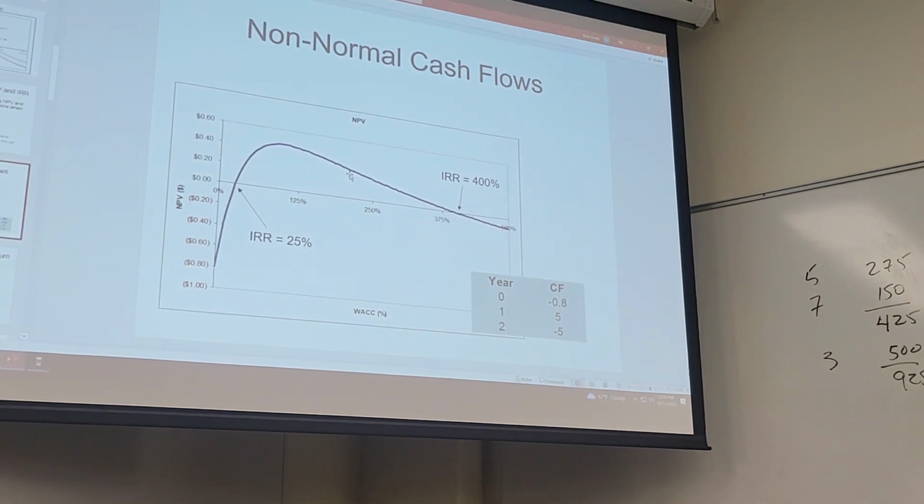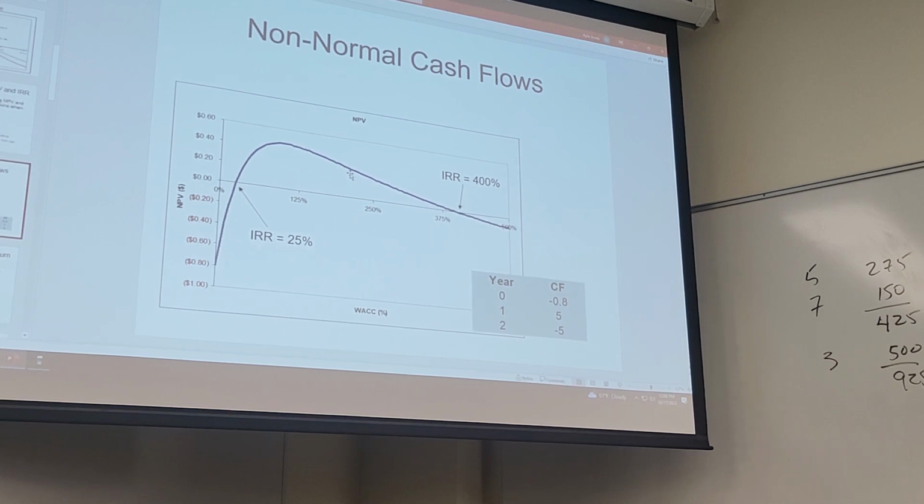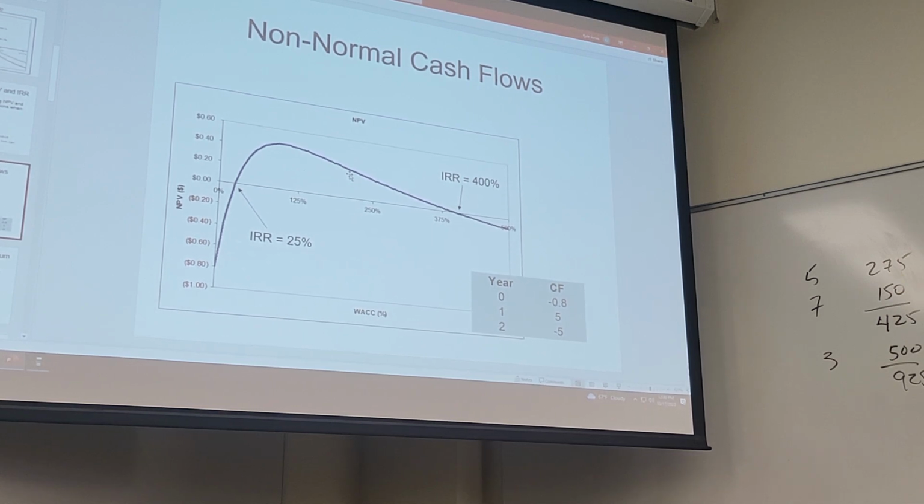We're going to take all the cash flows in our project and we're going to push them to either end of the timeline. We're going to take all the negative cash flows and bring them to today by present valuing them. So we're going to have a present value of all the negative cash flows at time 0.